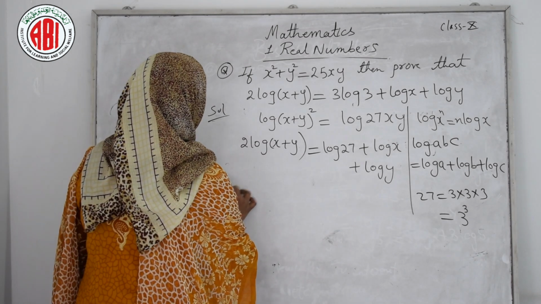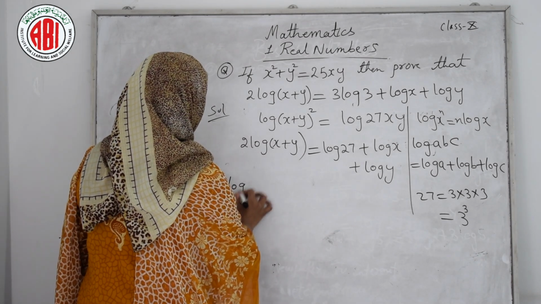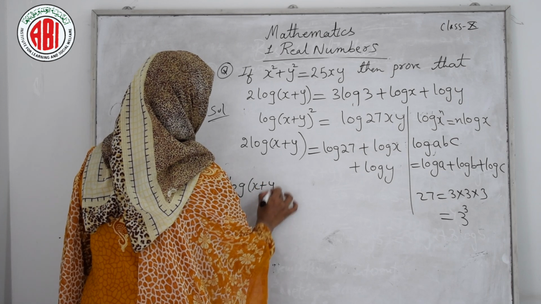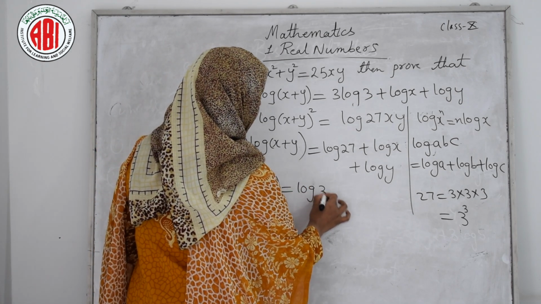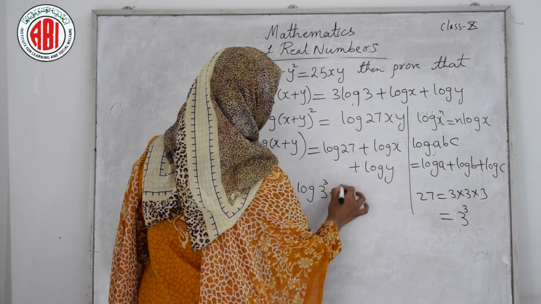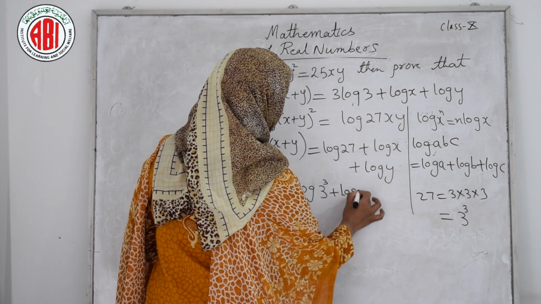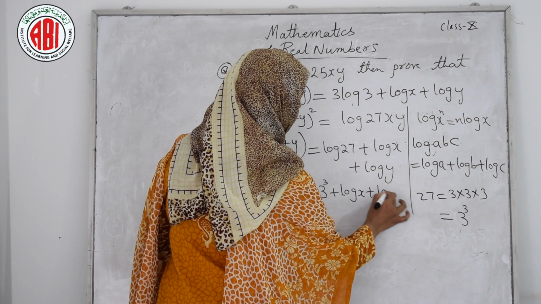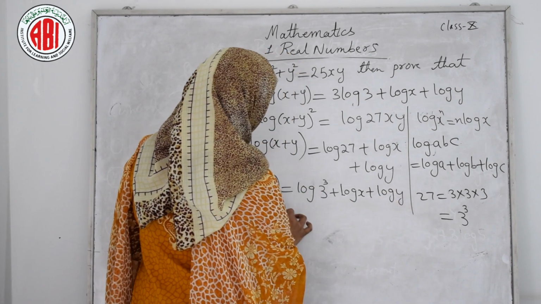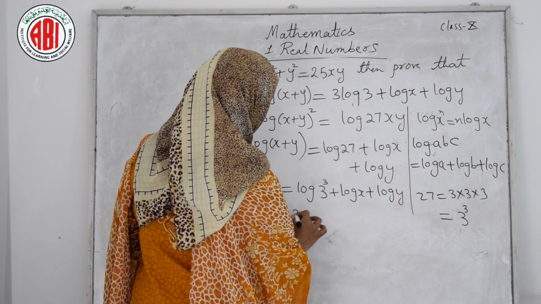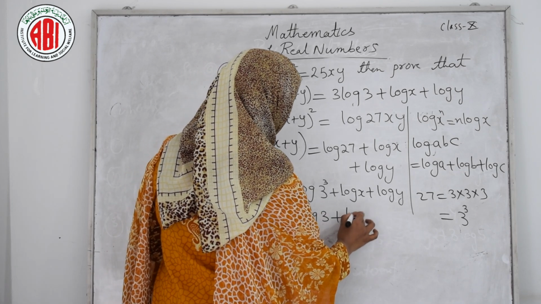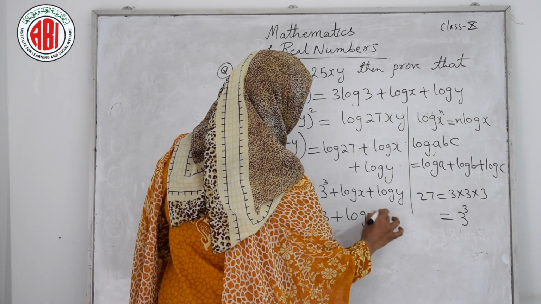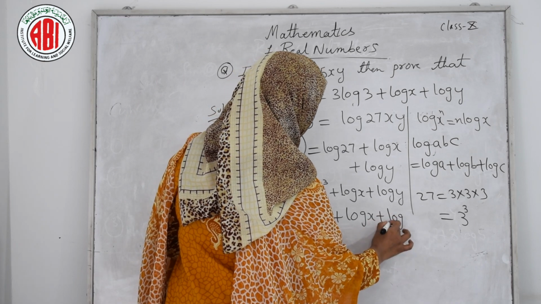So here, 2 log (x plus y) is equal to log 3 to the power 3 plus log x plus log y. So we can write here 3 log 3 plus log x plus log y.